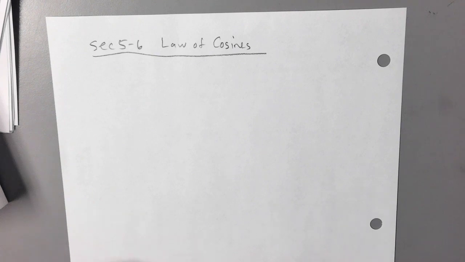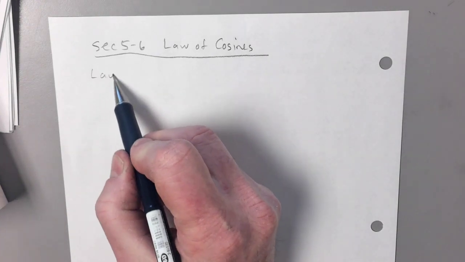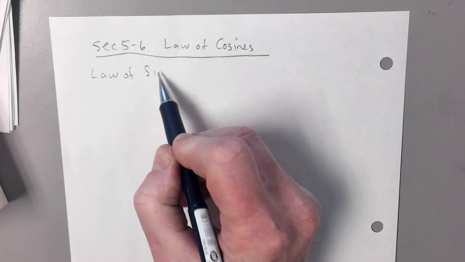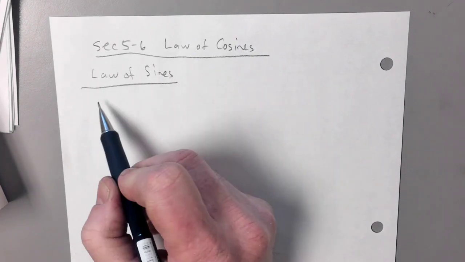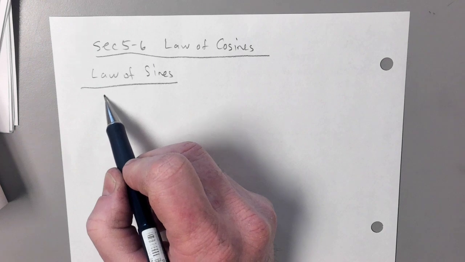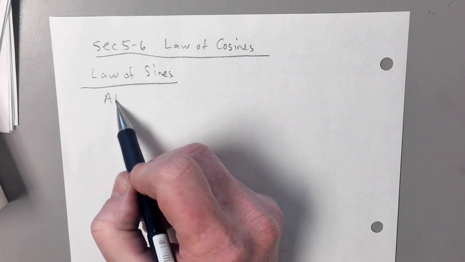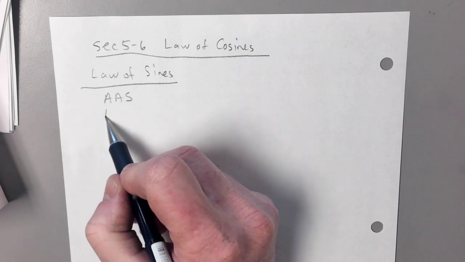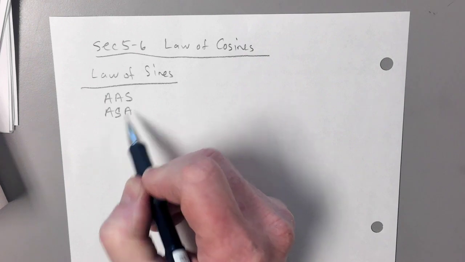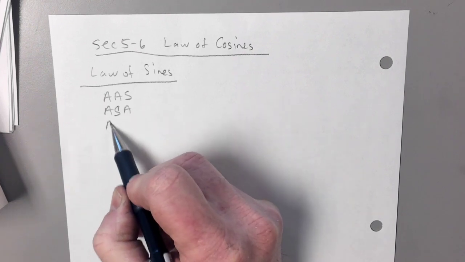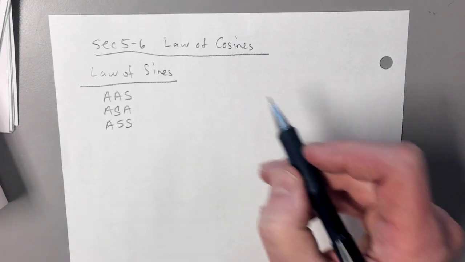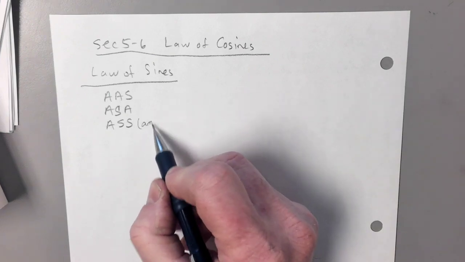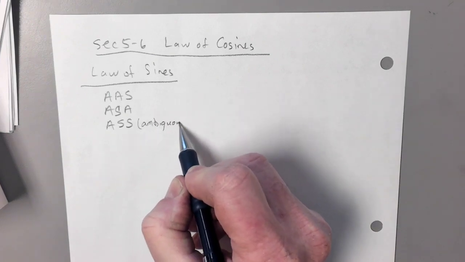Law of cosines. We've studied the law of sines, which has been used for the cases of angle, angle, side; angle, side, angle; and angle, side, side, also known as the ambiguous case.